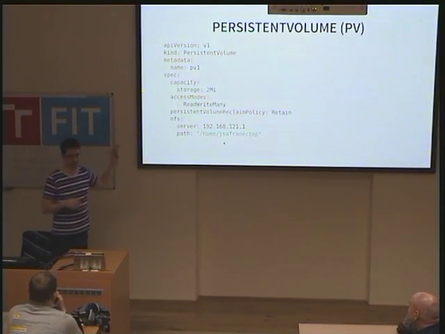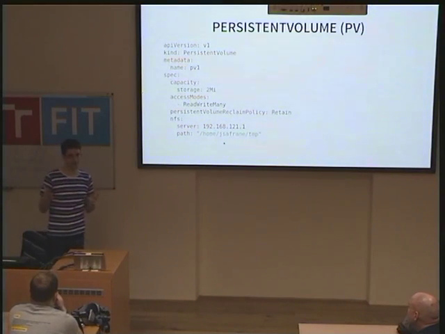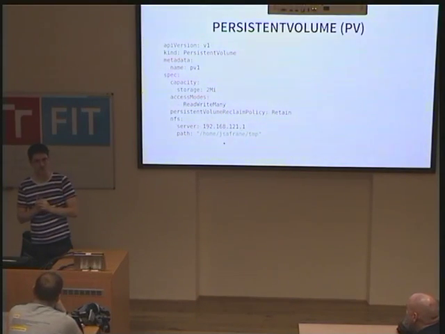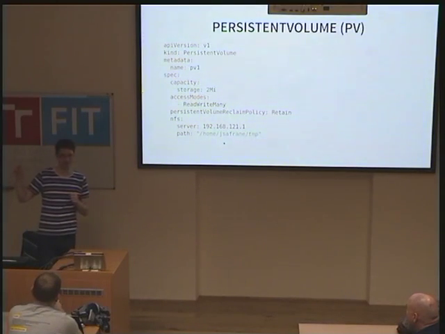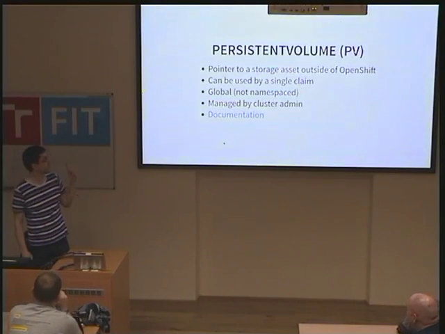Because this is an NFS, this is a shared file system, you can mount it several times. If you have a block device, it can be typically mounted only once, and it would say read-write once. And on Google, there is a special kind of storage that can be read-only many times. So you can mount it read-only to several machines. I will talk about it later.